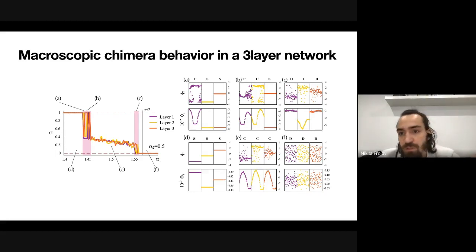In figure B, while two layers represent chimera state, one of them represents synchronized behavior. And in figure C, two layers are desynchronized, and the third one is a chimera pattern. On the contrary, there are three areas where the dynamics of each layer represent the same type of behavior: 3 synchronized, 3 chimera, and 3 desynchronized.